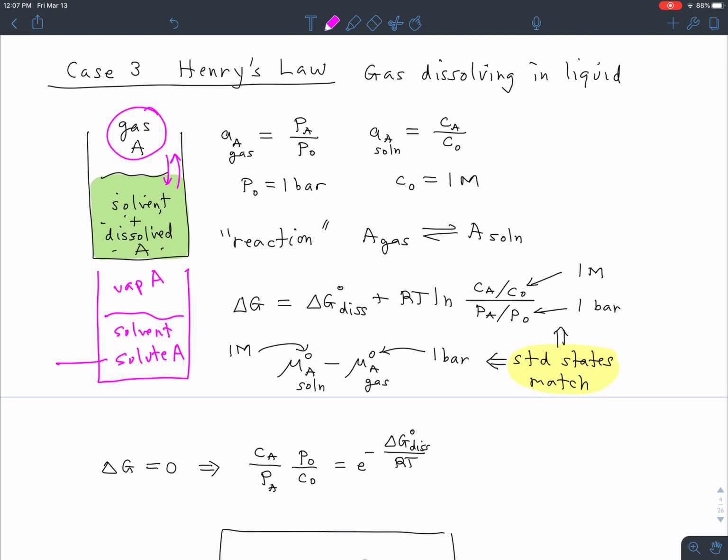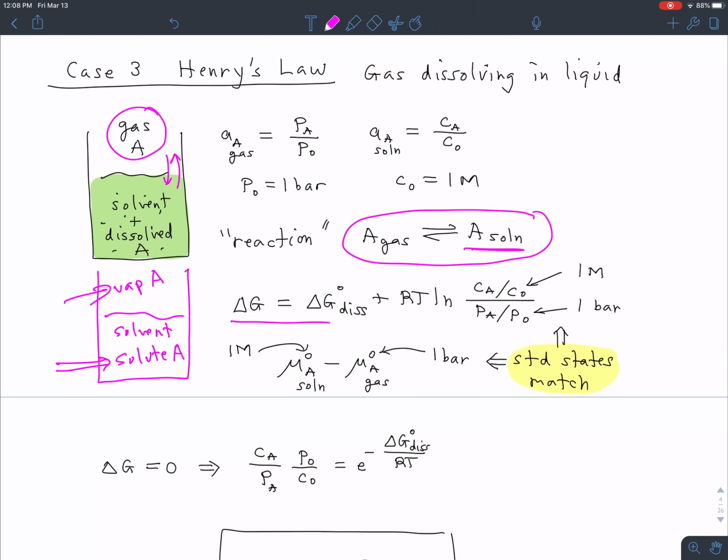If the solute is a dissolved solid, then this vapor pressure is probably not very high, but it's probably not zero either. And so in either case, where you've got a gas that's dissolving, where you think of it as a gas dissolving in a liquid, or a solute evaporating into the vapor phase, then the chemical reaction is that something in the gas phase goes to something in the solution phase, or vice versa.